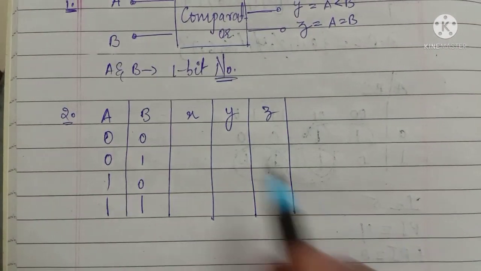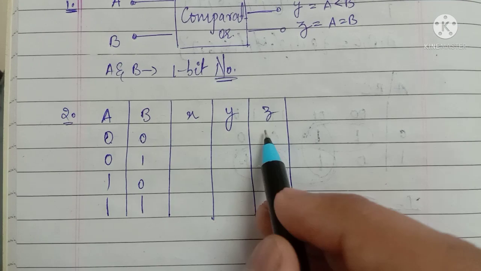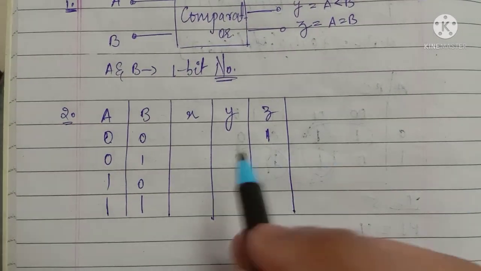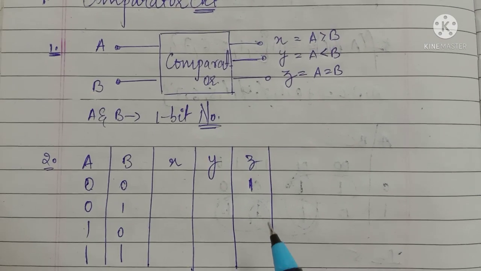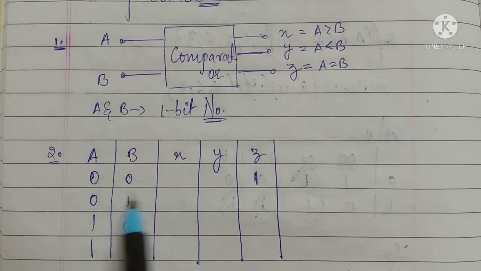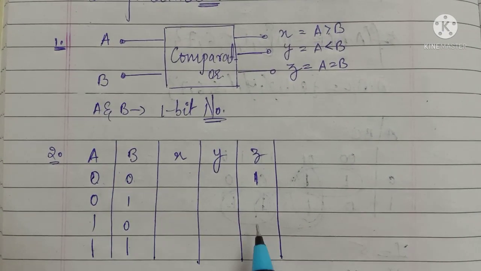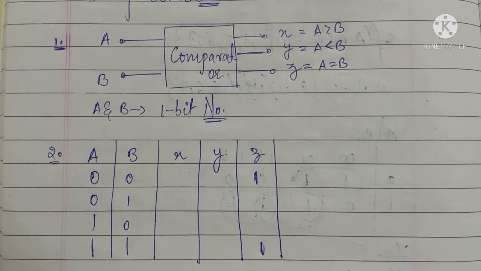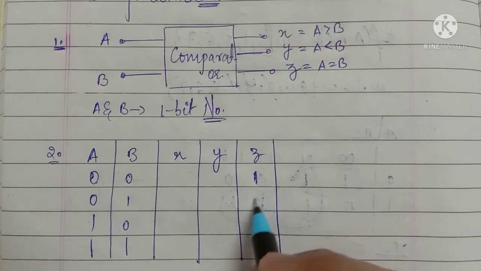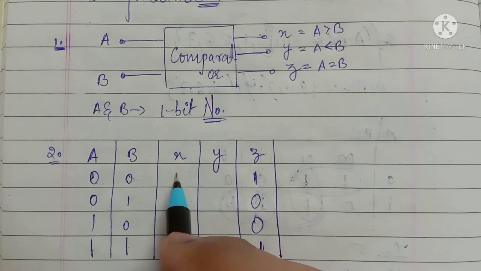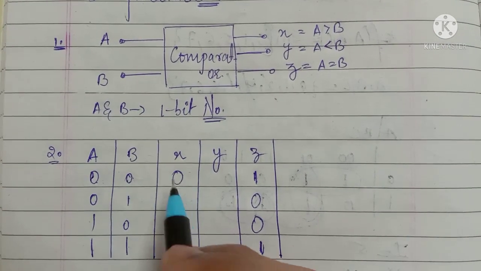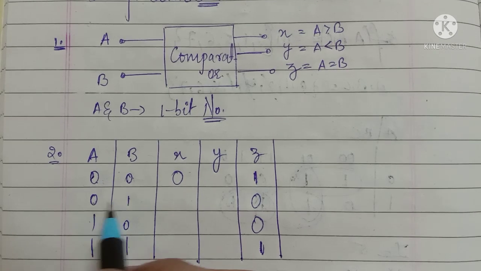Clear? In the cases where both inputs are the same, Z will be high, because Z means A is equal to B. The rest of the two cases will be 0 because both are not equal. For X, which is A greater than B: is 0 greater than 1?